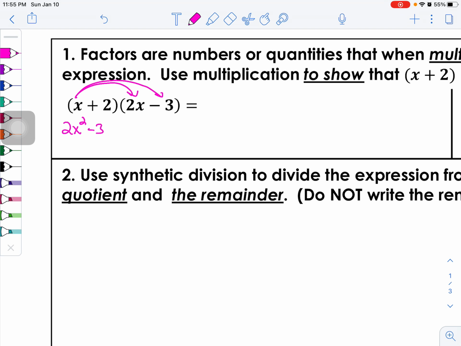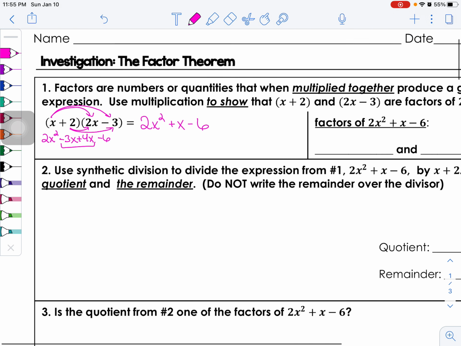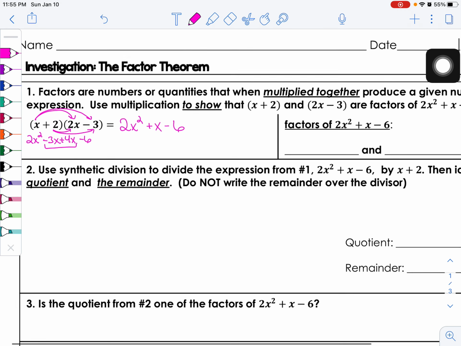So that's going to be 2x squared. I'm going to distribute here, so that's going to be negative 3x. Distribute, so plus 4x. Distribute again, minus 6. I've got some like terms in the middle that I can combine. So it's going to turn into 2x squared plus x minus 6, which is exactly what we wanted it to be.